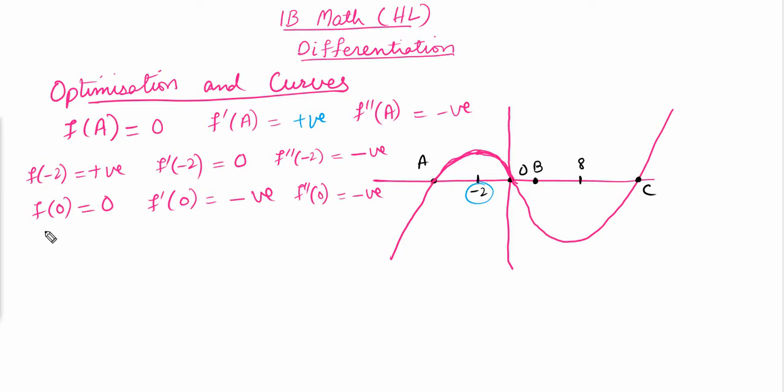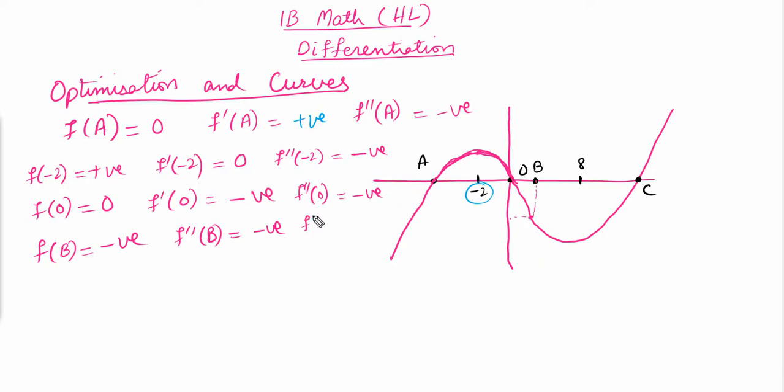Now the next point is quite crucial, f of b. At f of b, the value of the actual function is negative because it lies somewhere here. The gradient at b will also be negative, because if you draw a tangent over here, its gradient will be negative.